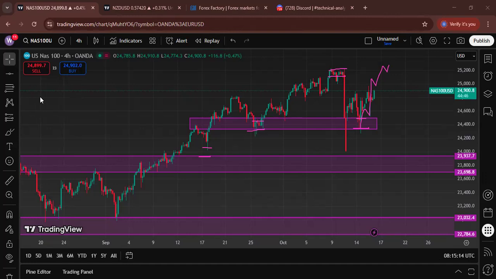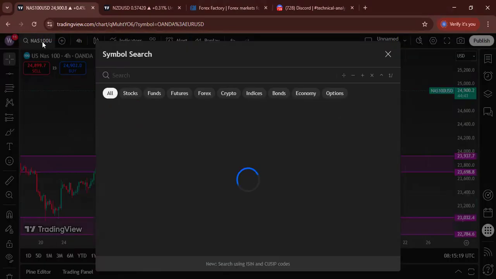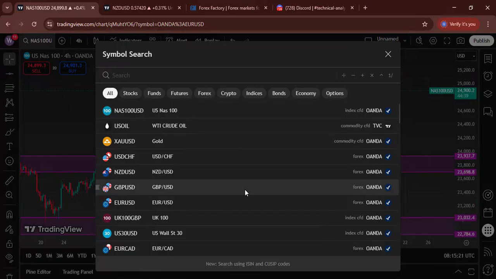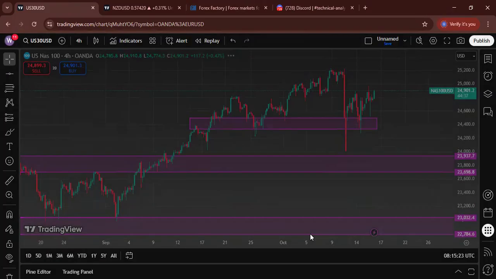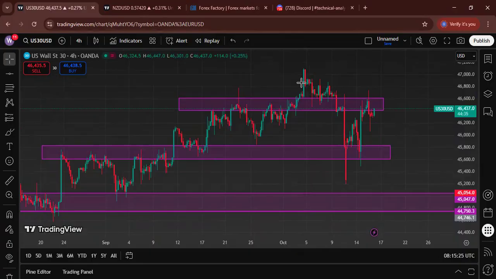Then lastly, we have a look at US30. There's US30 as well, pushing to the upside. The first range was from here all the way to the all-time high. The next range is from this structure. We've seen price react from this structure and push higher.